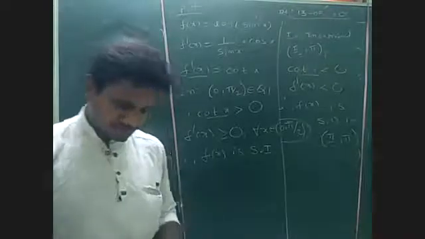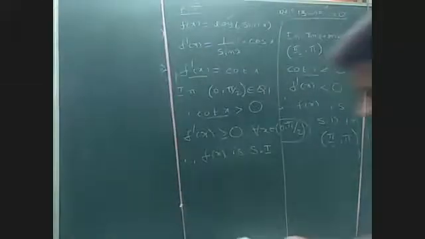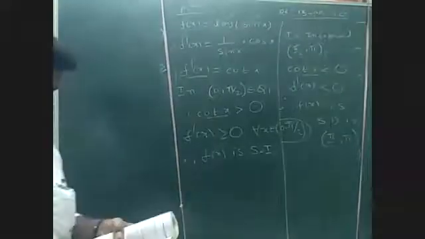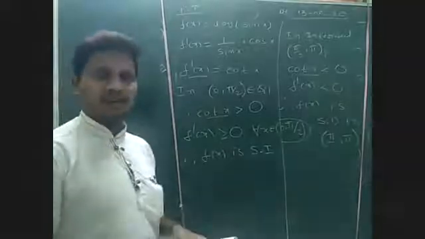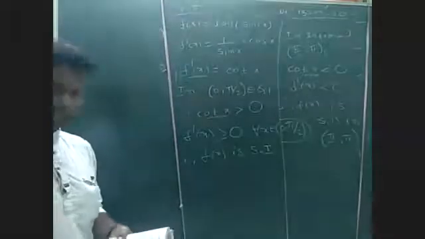Do it first. Question number 18: prove that the function given by f of x equals x cube minus 3x square plus 3x minus 100 is increasing. The question itself gives the solution, we can prove that it is increasing. Increasing means f dash of x is greater than or equal to 0.